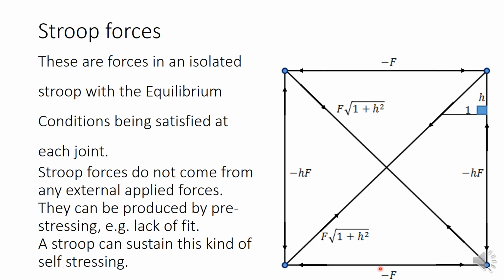Similarly, here, these forces in the horizontal and vertical members must be 0. And the force along the diagonal will be 0. So if I remove one diagonal, I cannot sustain forces in equilibrium in an isolated structure. If the structure is isolated, I cannot maintain these internal forces. So this kind of self-straining is only possible in an indeterminate structure, and we are particularly looking at Stroops.